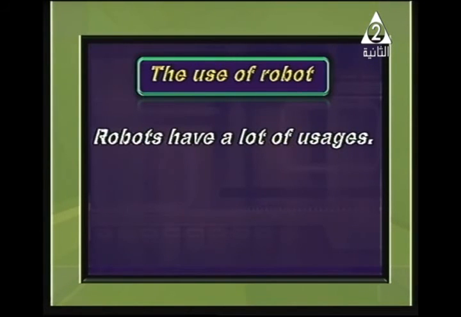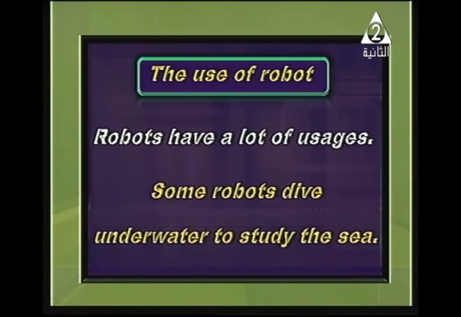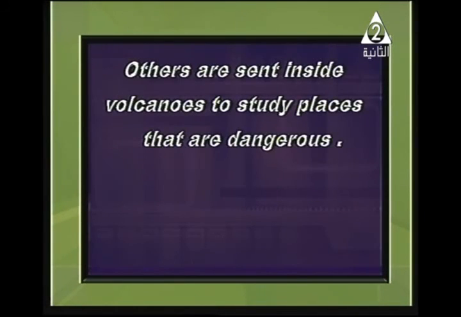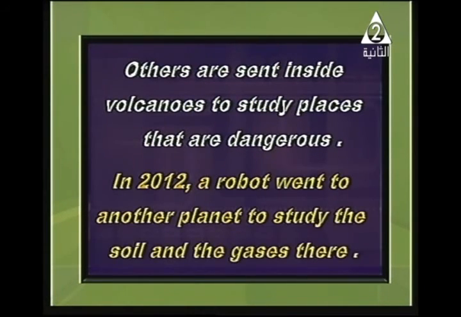Robots have a lot of usages. Some robots dive underwater to study the sea. Others are sent inside volcanoes to study places that are dangerous. In 2012, a robot went to another planet to study the soil and the gases there.